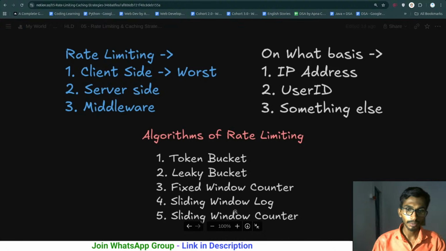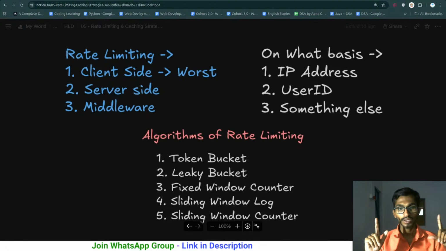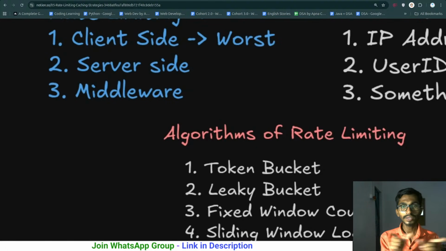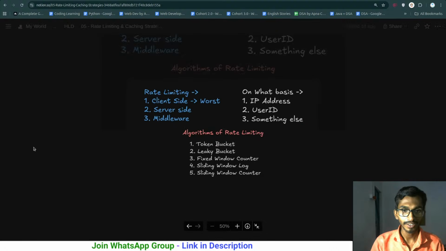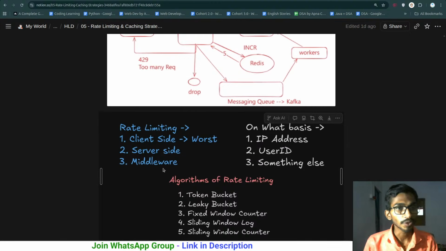The only difference is that in sliding window log you have to maintain a proper log. In this case you do not have to maintain the log, rather you just make sure that in 1 minute's interval you get the total number of requests, and if that crosses the limit, then drop that. If that does not, do not drop that. So this is how it's going to be going on.